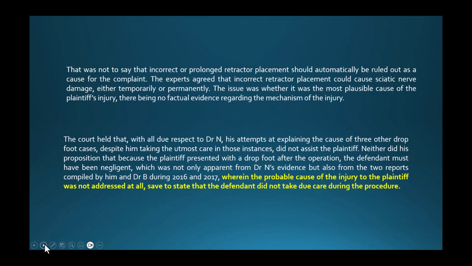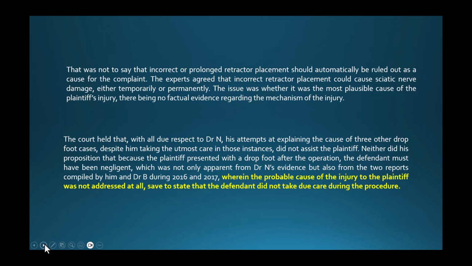The court held that, with all due respect to Dr. N, his attempts at explaining the cause of 3 other drop foot cases, despite him taking the utmost care in those instances, did not assist the plaintiff. Neither did his, because they were different cases. Neither did his proposition that because the plaintiff presented with a drop foot after the operation, the defendant must have been negligent, which was not only apparent from Dr. N's evidence, but also from the 2 reports compiled by him and Dr. B during 2016 and 2017.